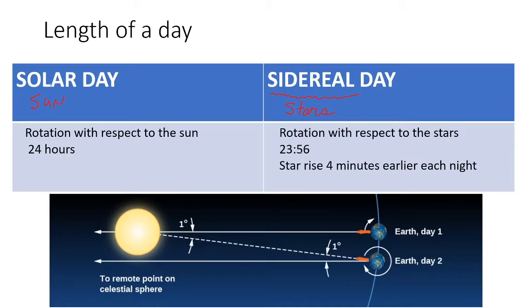The sidereal day, which astronomers tend to prefer, is 23 hours and 56 minutes. So any particular star that you would want to follow, let's say Altair, which is one of the stars in the sky, it would rise 4 minutes earlier every night.